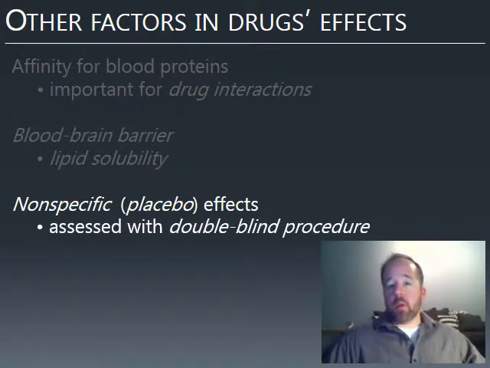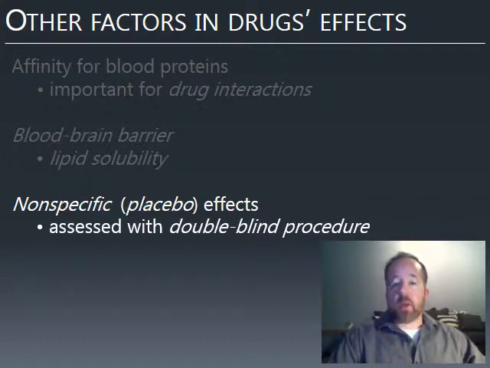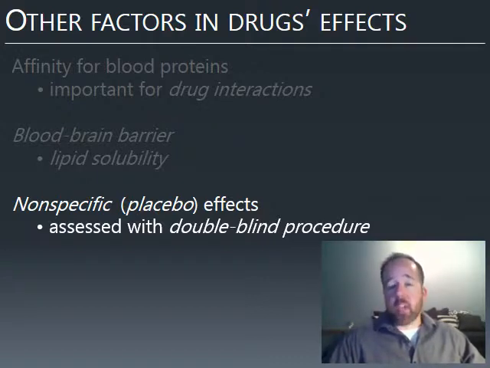So what do you have to do to really assess how effective a drug is? You have to measure these non-specific effects. What you usually do is use what's called the double-blind procedure, where you have two groups of participants, one getting the actual drug and one getting a placebo.